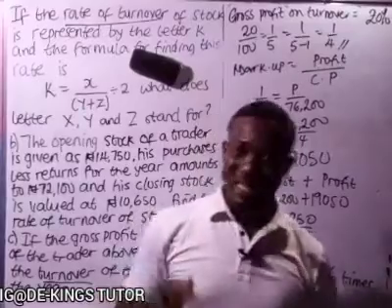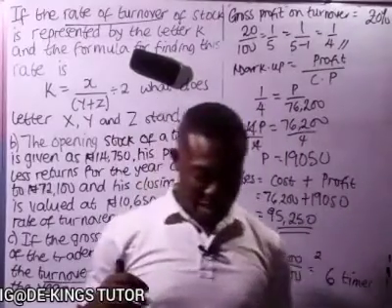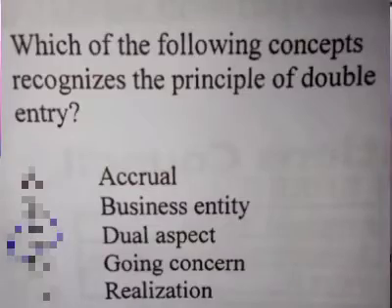Now the question is an assignment. Which of the following concepts recognizes the principle of double entry? A, accrual concept. B, business entity. C, dual aspect. D, going concern. And E, realization.